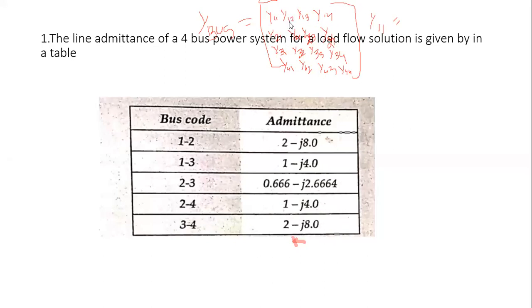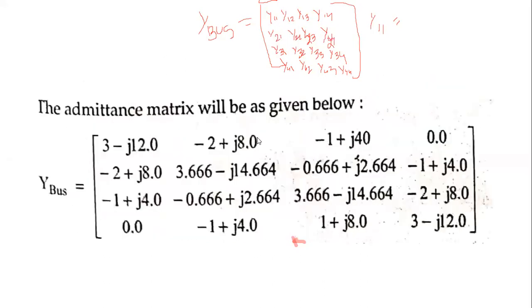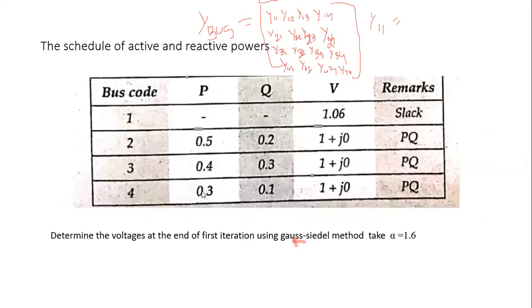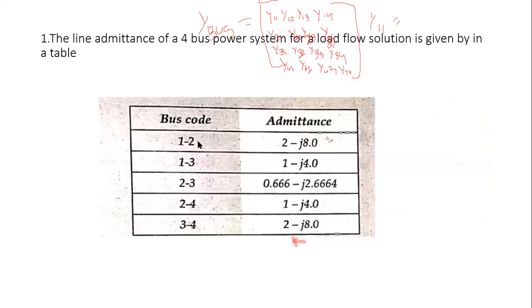Next we calculate the non-diagonal elements, that is Y12. Y12 is equal to Y21, which is minus of the line admittance for 1 to 2 or 2 to 1: minus of 2 minus j8.